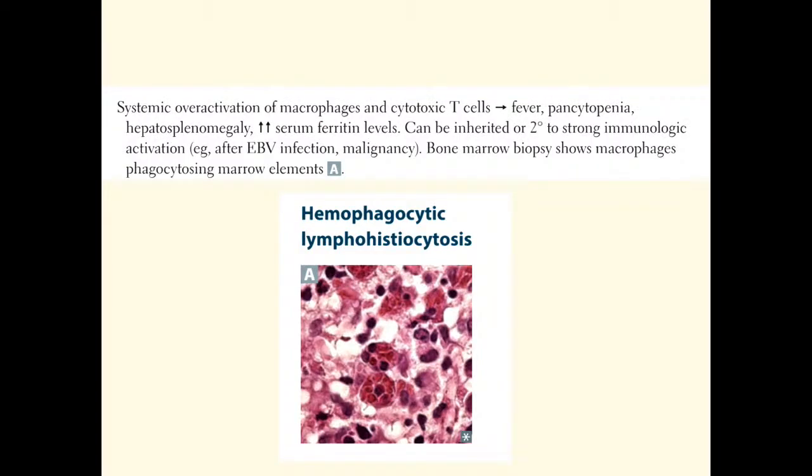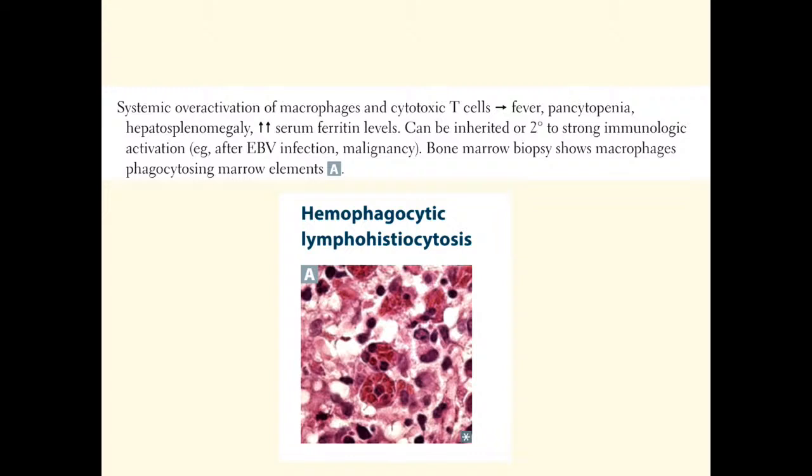And here you can see that overactivation of those macrophages and cytotoxic T cells will lead to development of fever, because fever is mediated by many cytokines like interleukin-1, 6, TNF-alpha. So we will have severe refractory fever, also pancytopenia or decrease in blood cell types, and also enlargement of the liver, and many other symptoms.